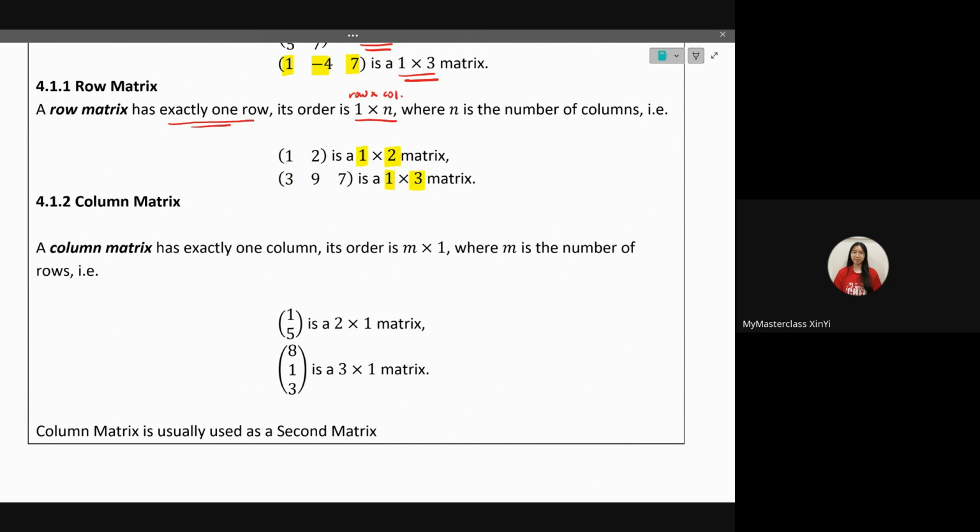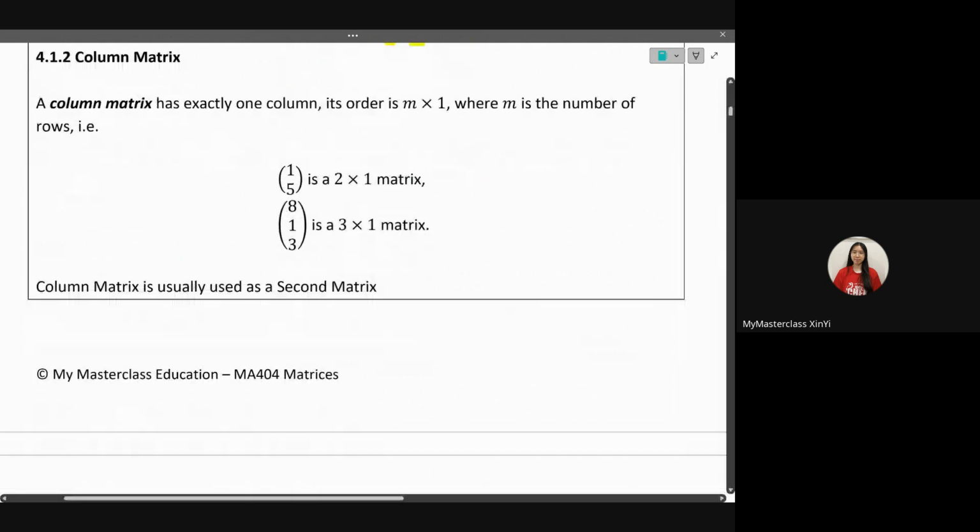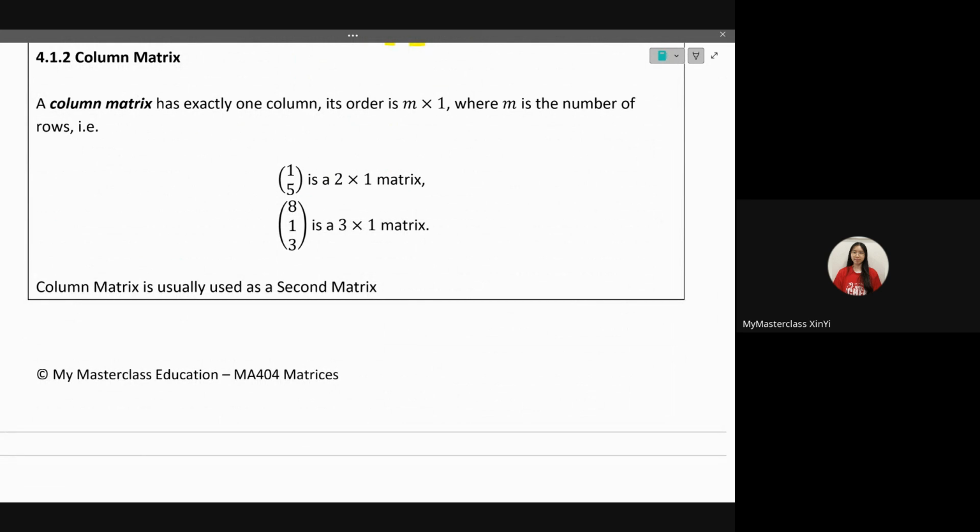For a column matrix, it is the reverse. When you see a single vertical arrangement of numbers, this is what we call a column matrix, because it has exactly 1 column, and the order will then be m times 1. So row times column, where the column will be 1 column.